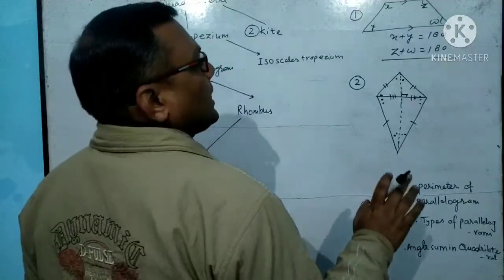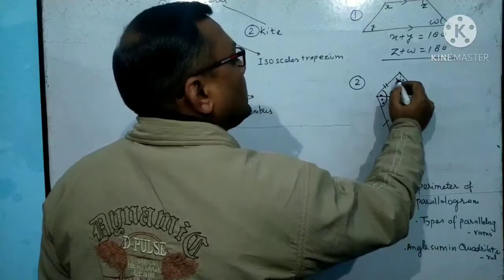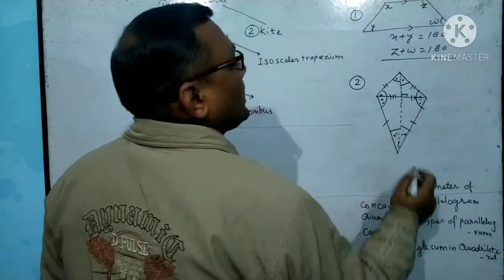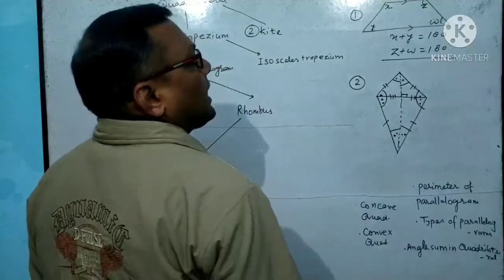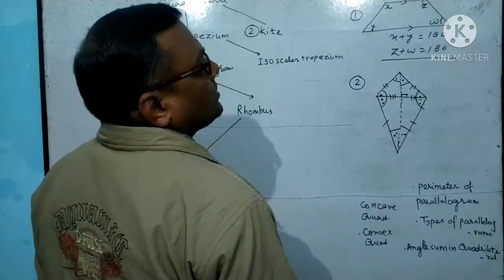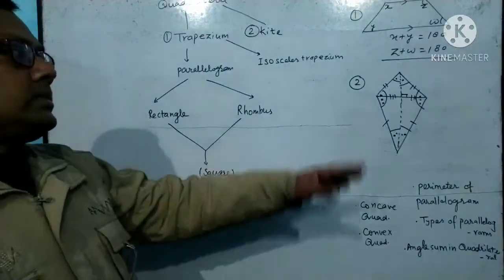So you understand this whole angle is equal to whole angle. This angle is equal to this angle, and one diagonal is bisected by the other. And in this way we have completed the properties of kites.